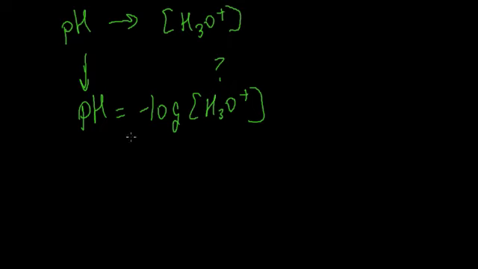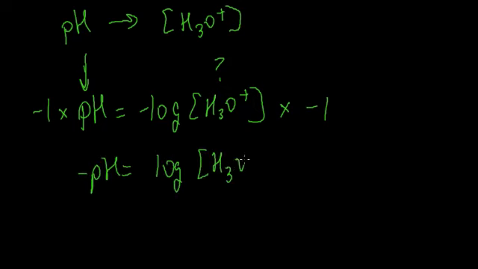Well, algebraically, we'd multiply both sides by negative. So we get negative pH equals log of the H3O plus concentration. We take 10 to the x of both sides.